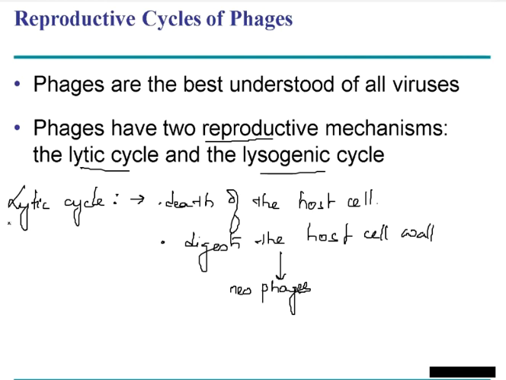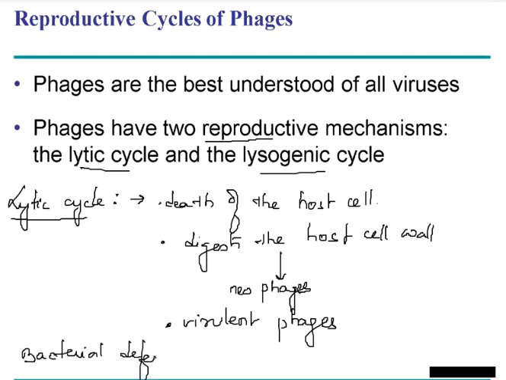The third step is multiplication of the genome. The phages which exhibit only the lytic cycle are known as virulent bacteriophages, or simply virulent phages. Bacteriophages show lytic and lysogenic cycles, and basically the lytic ones are virulent phages.